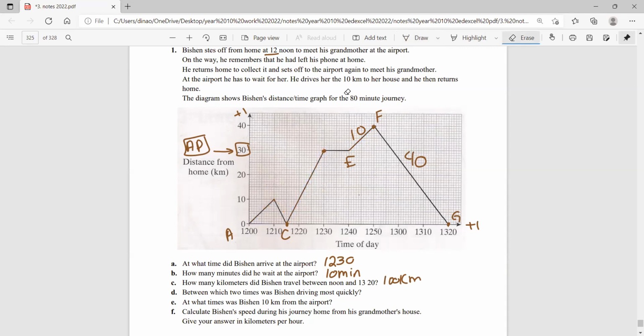Between which two times was he driving the most quickly? Let me put the points again: A, B, C, D, E, F, and G. Of course, it's between B and C because it's the steepest line. So as we said, between points B and C, because this line is the steepest.